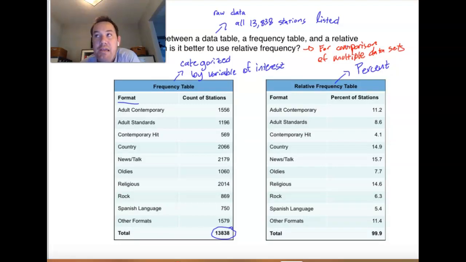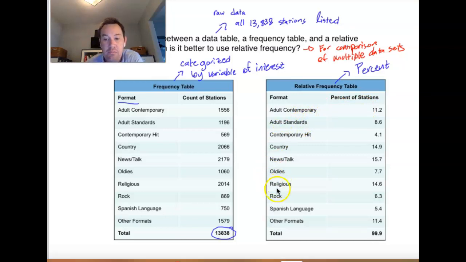So what I'm saying is, if I wanted to compare the US radio stations with Canada radio stations, Canada probably has far fewer radio stations. They have a smaller population, right? So it wouldn't make sense to compare raw numbers there. But instead, what we would probably want to compare is the percent of the market that each format takes up in each country.